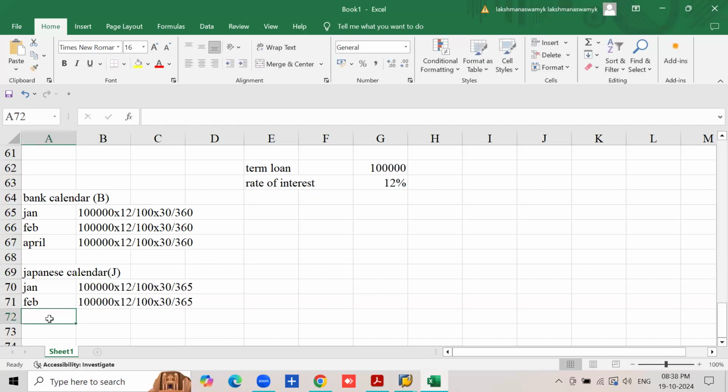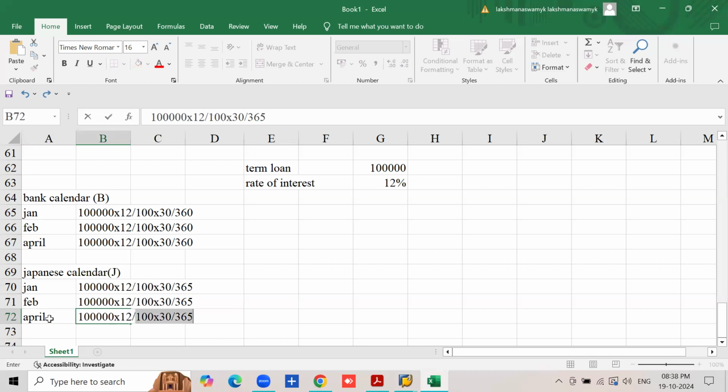Then April: 1 lakh into 12 by 100 into 30 divided by 365. So the difference between the bank calendar and the Japanese calendar is only the denominator. That's it.